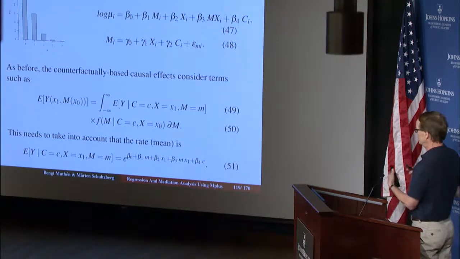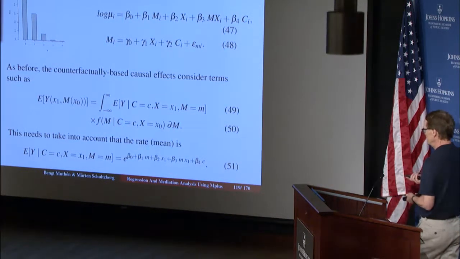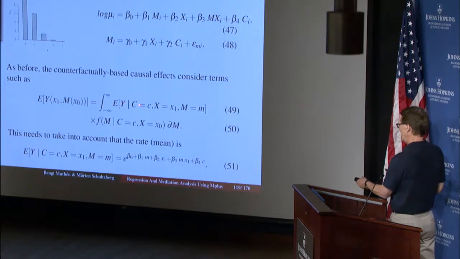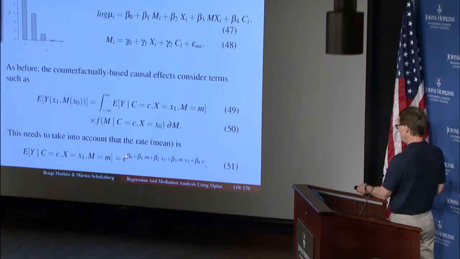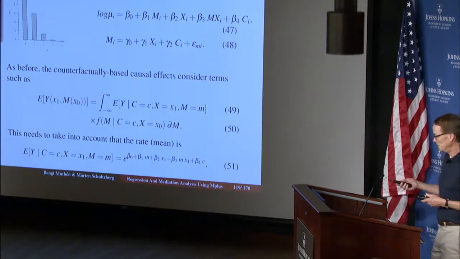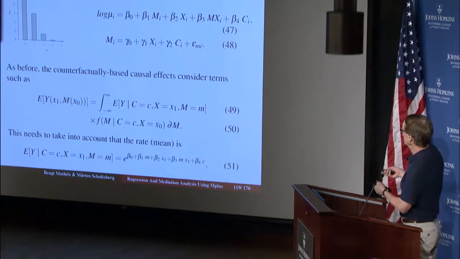And again, its general case is an integration over m, where that integration becomes a little bit more complex. It goes through several lines of derivations in the book, taking into account that the rate, the expected value of y, is actually the exponentiation of that equation, which complicates things a little bit, but not much. Anyway, that is the approach that we take for count outcomes.